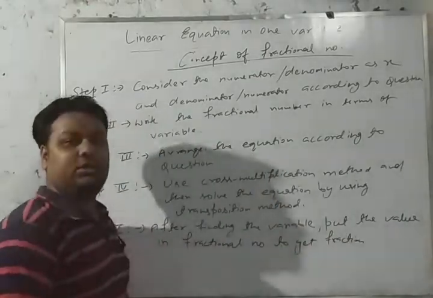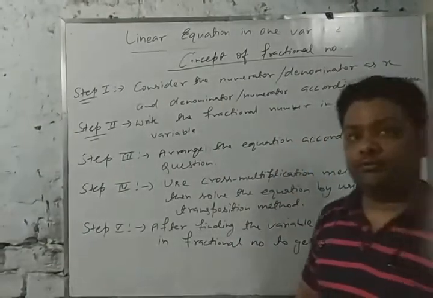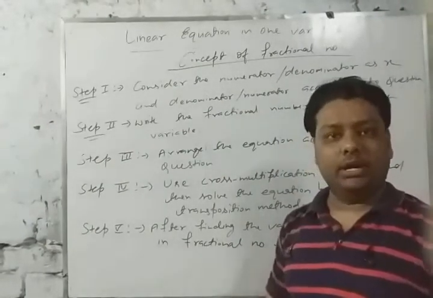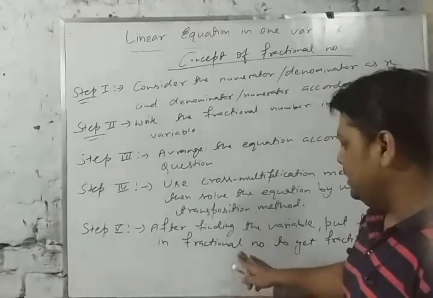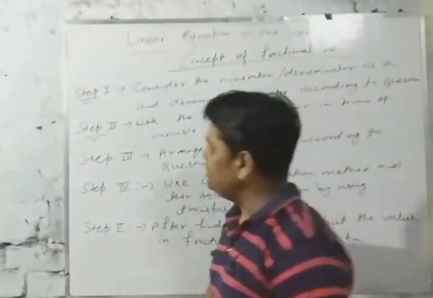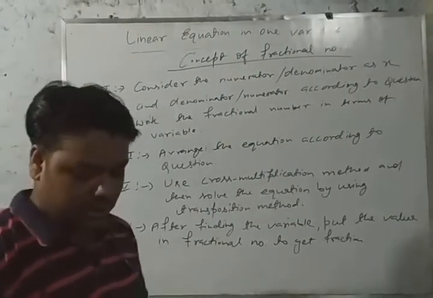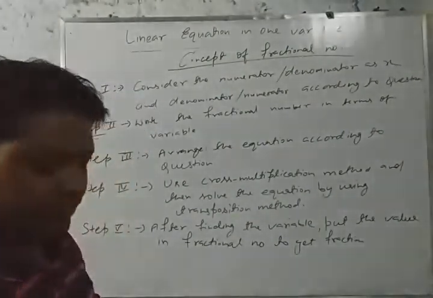Because in this type of question, we have to find the fractional number, not the numerator and denominator. So we will put the value of the variable directly in the fractional number. So these are the 5 steps to solve this type of question on fractional numbers. Let's see one question based on it.